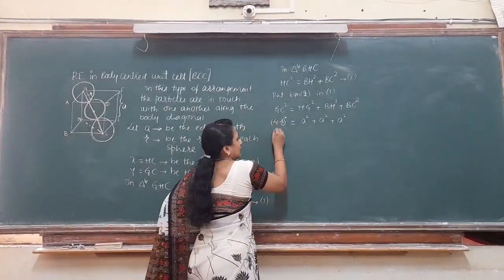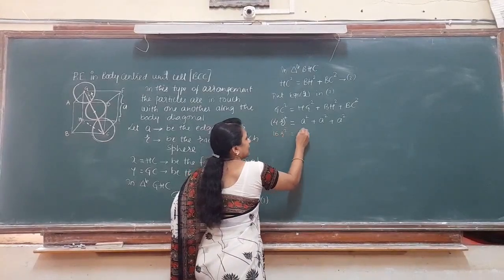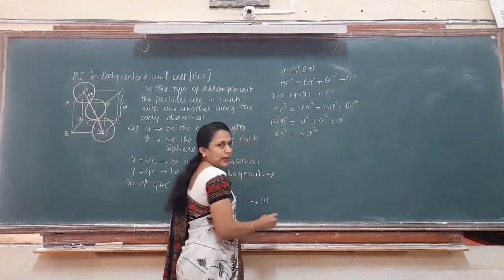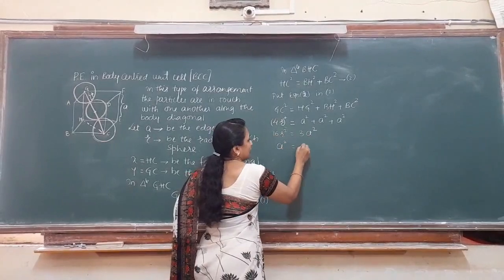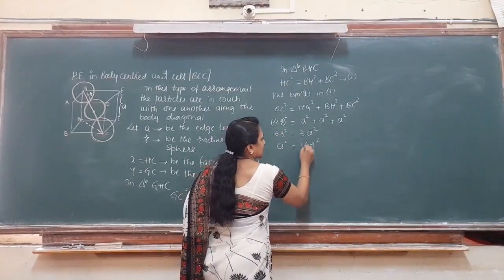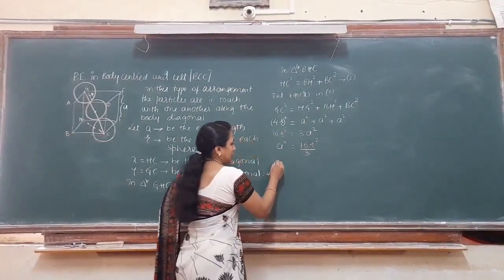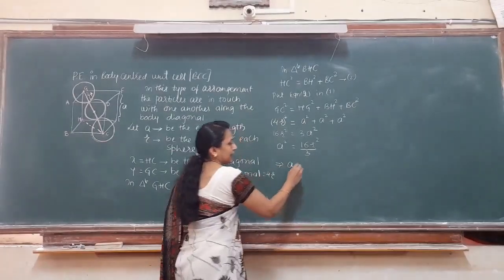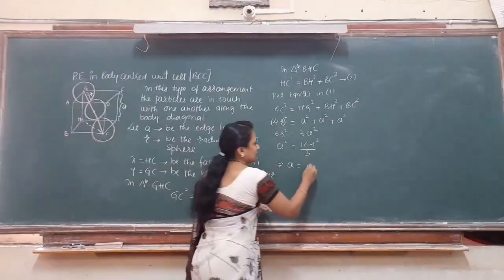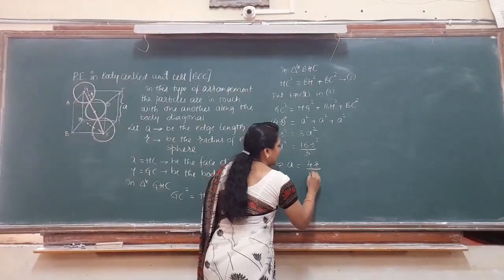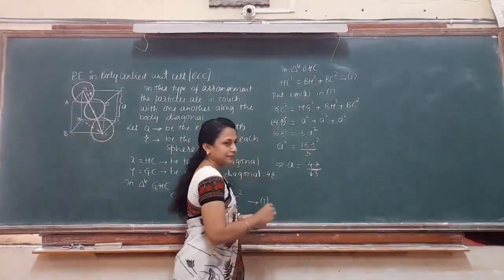So 16R square is equal to 3A square. So A square is equal to 16R square by 3. This implies A is equal to 4R by root 3.